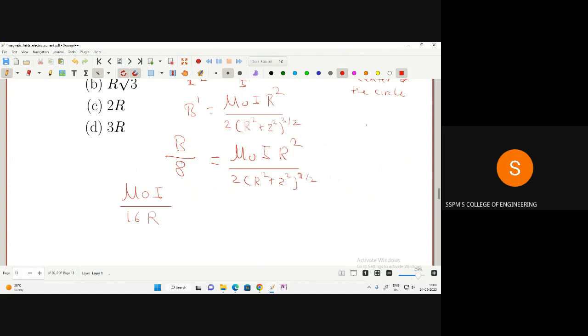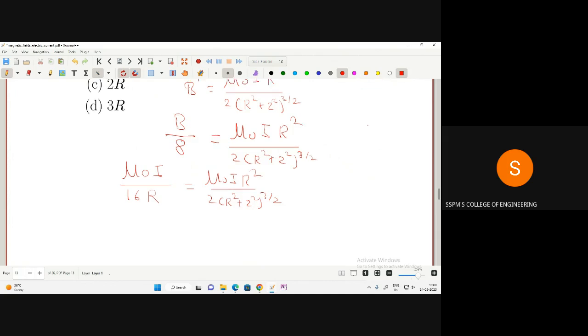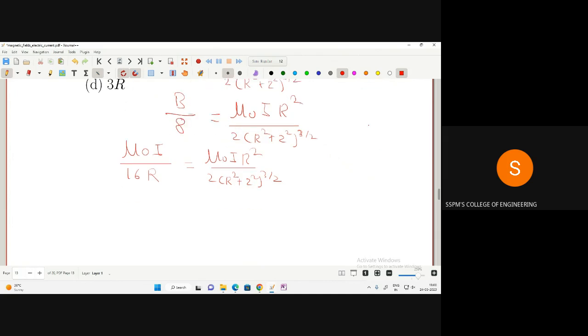बघा, mu 0 I divided by 16 R is equal to mu 0 I into R square divided by 2 multiplied by R square plus Z square to the power 3 by 2. आता हे सिम्प्लिफाय करायचं तुम्हाला. तर हे 16 R इकडे घ्या at the right hand side and 2 into R square plus Z square to the power 3 by 2 you take at left hand side.